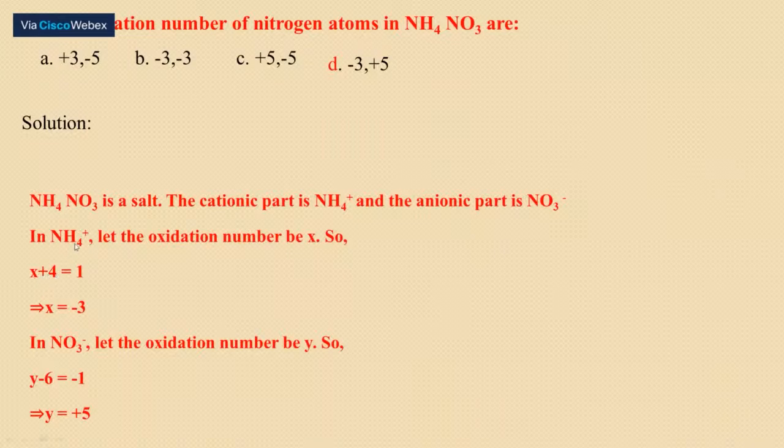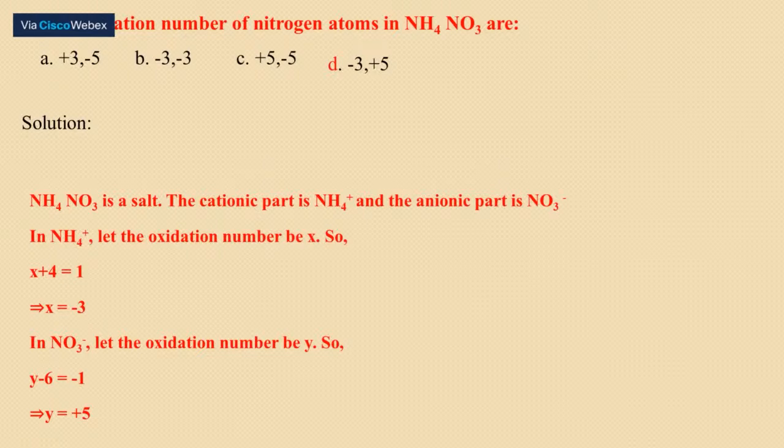Why 4? Because there are 4 hydrogen atoms and each has a +1 oxidation state, so 4 into 1 is 4. That is equal to the overall charge, which is +1. If you do this calculation, you get x equal to -3. Thereby the oxidation number of nitrogen here is found to be -3.